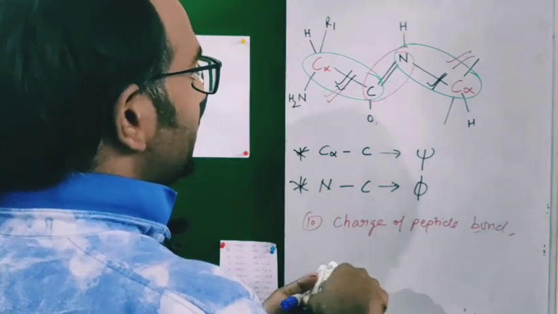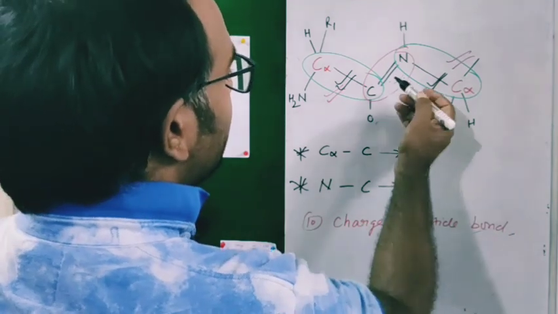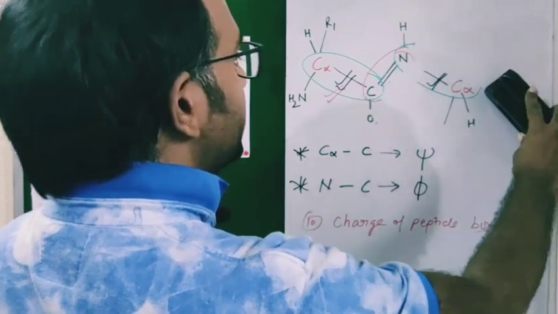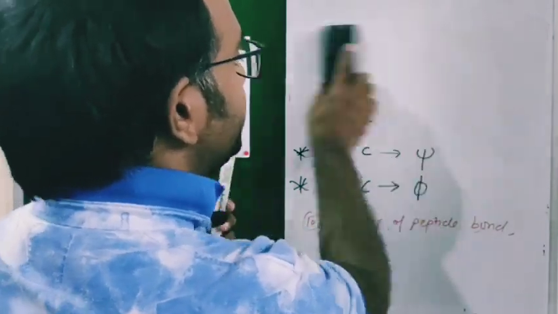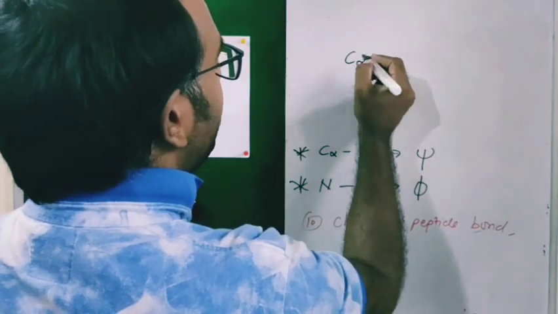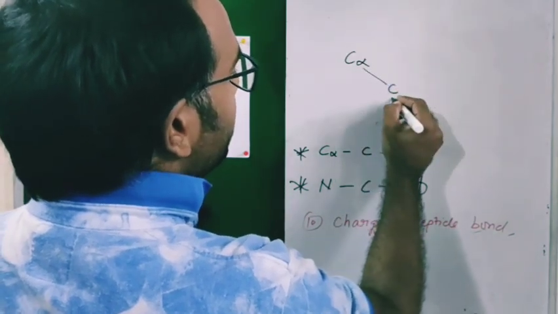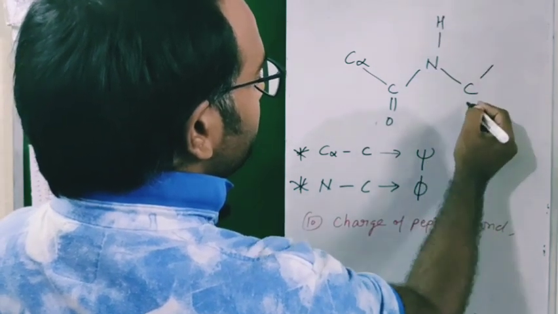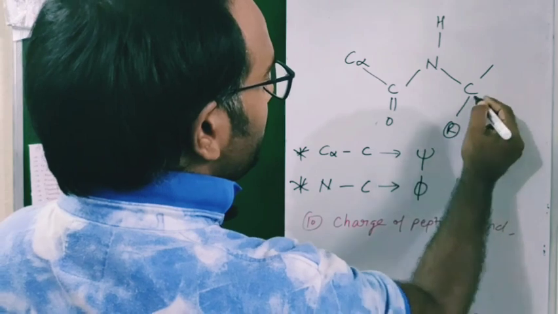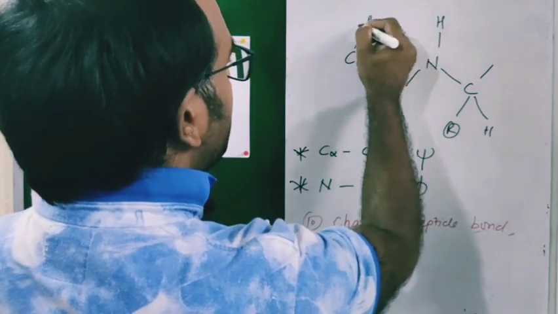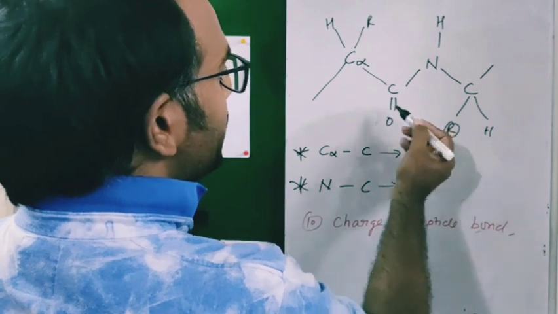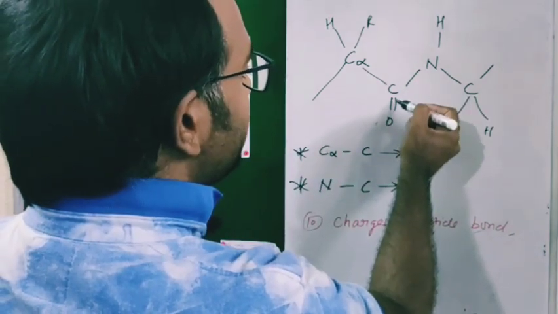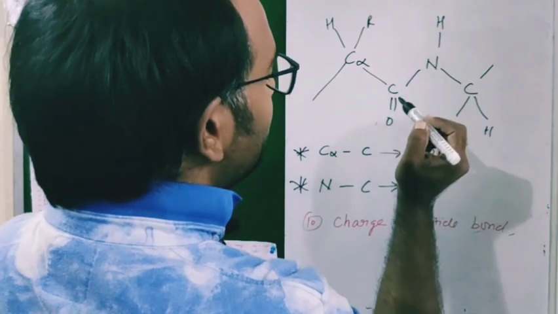Now I can draw it for you. Suppose C alpha, okay, and as you know, the double bond resonates between the carbonyl carbon and amide nitrogen, right?